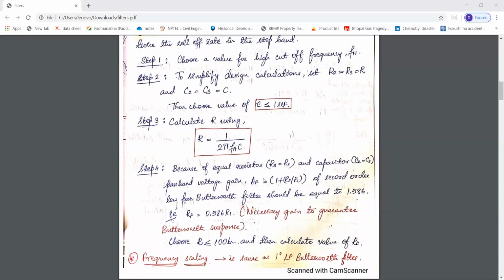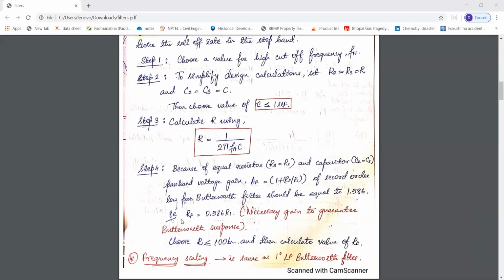In second order filter analysis, one thing you should remember is that the passband gain AF is equal to 1.586.